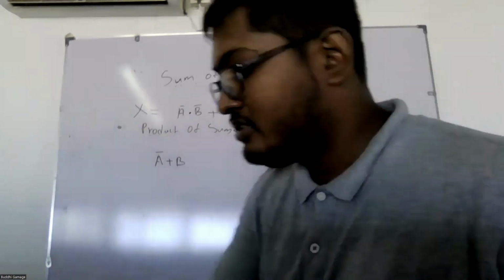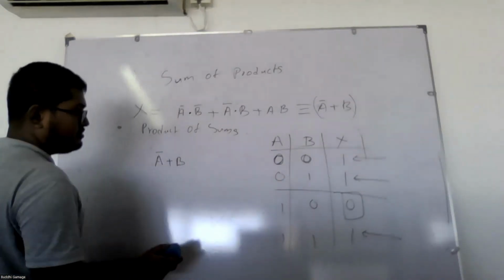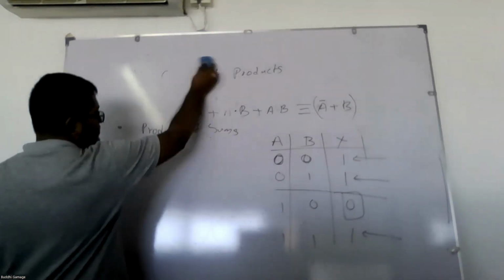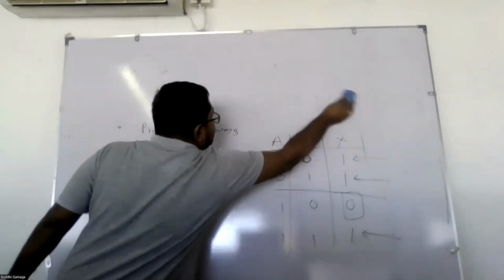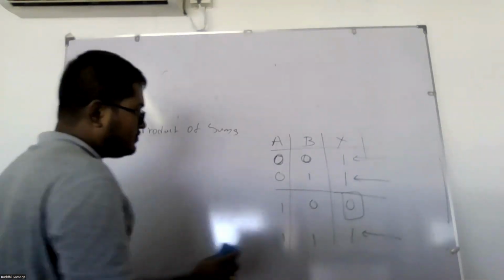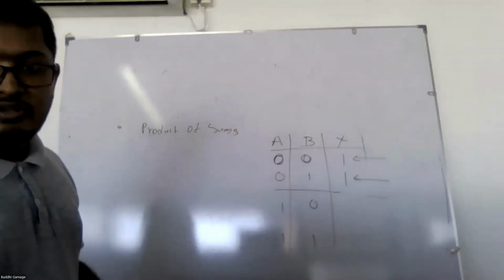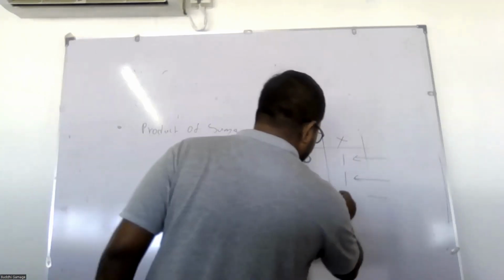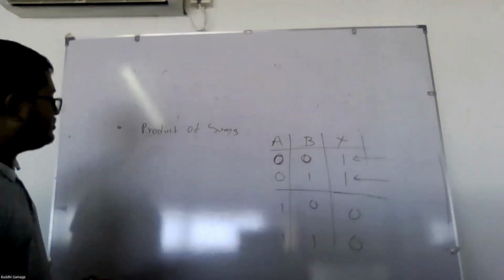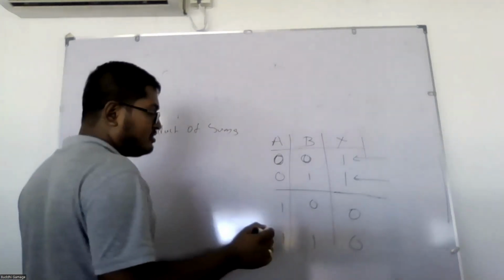So for the simplicity, I will give you another example of this product of sums. This one as well, we will have a clear idea. So in product of sums, we are taking the false outputs.